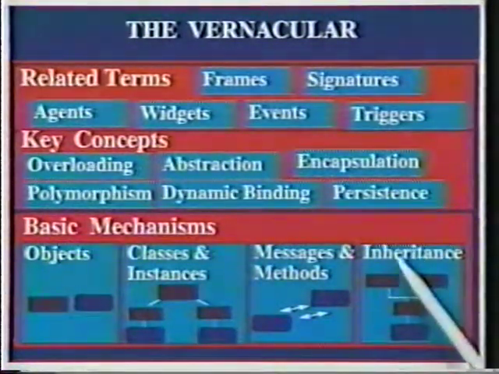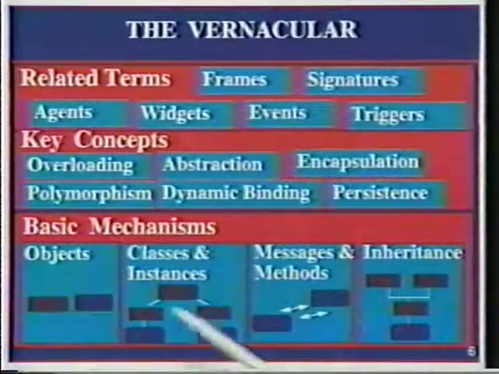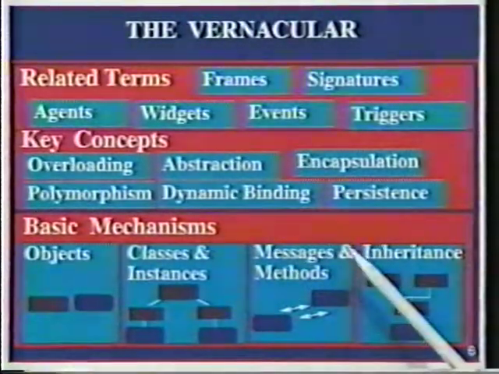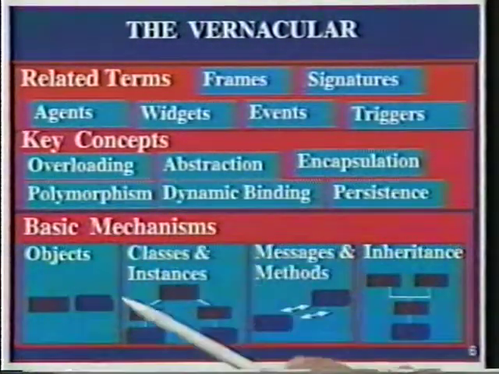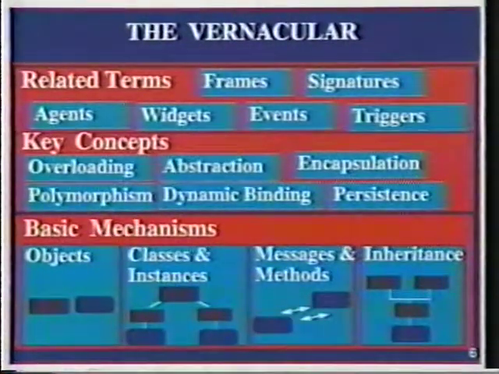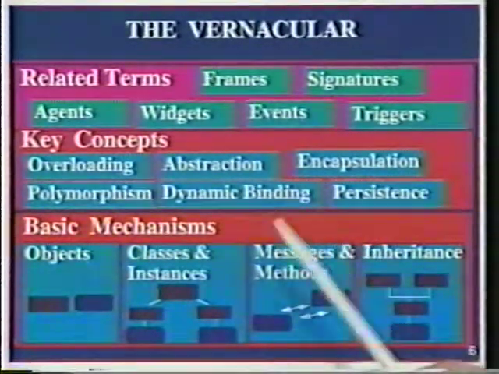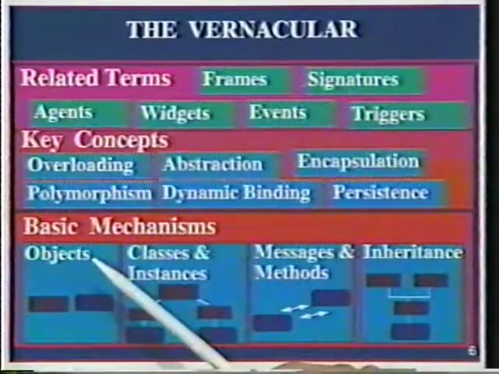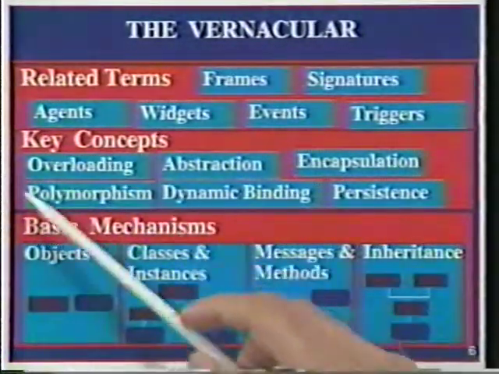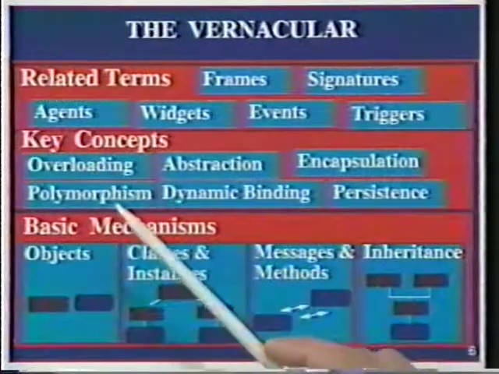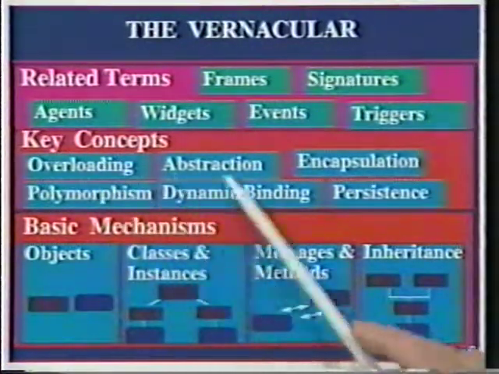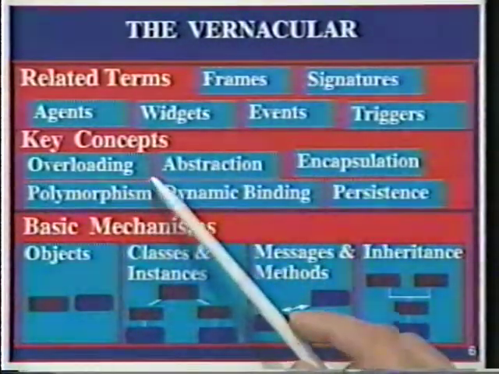Associated with these key basic mechanisms, we also have certain key concepts such as overloading, abstraction, polymorphism, dynamic binding, encapsulation, and persistence. As we are talking about these basic mechanisms, at the same time we will be talking about the key concepts. So from time to time I will be giving definitions of what these key concepts are.